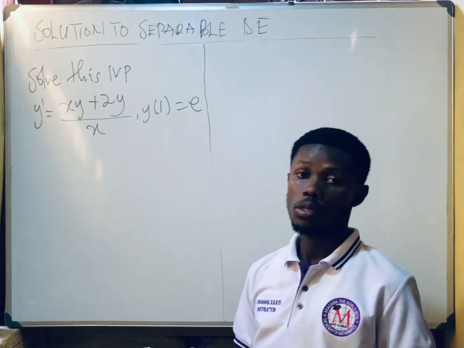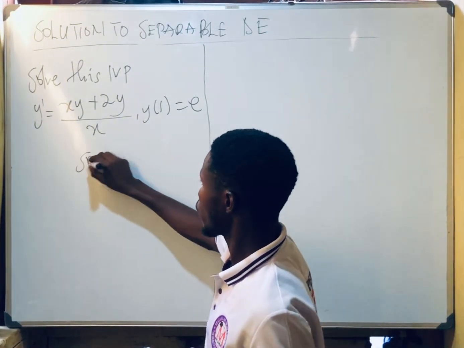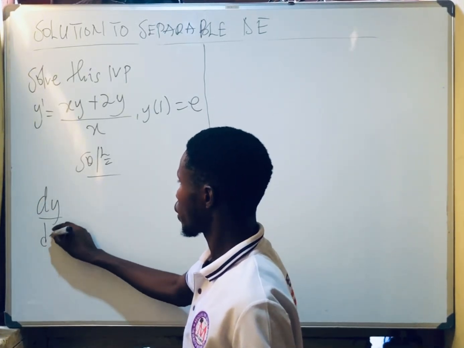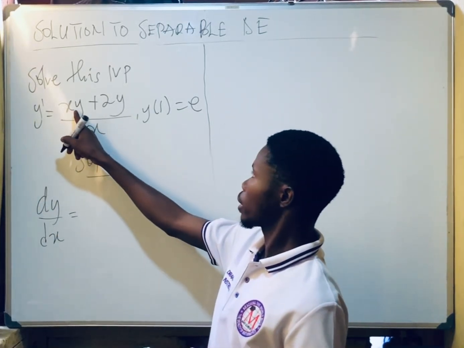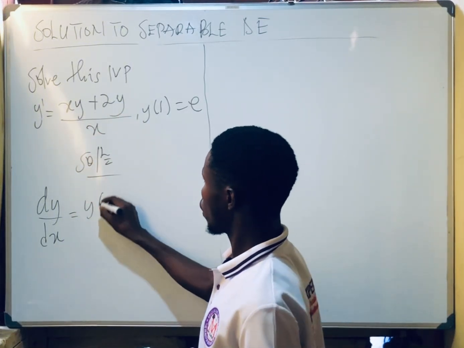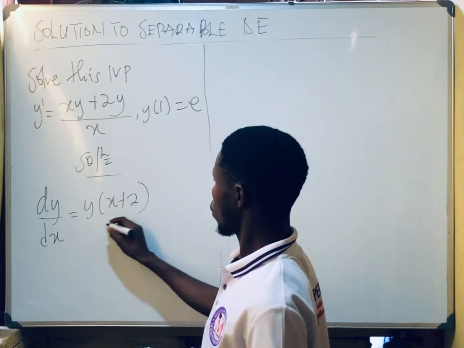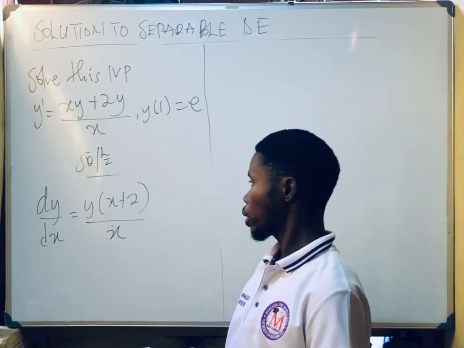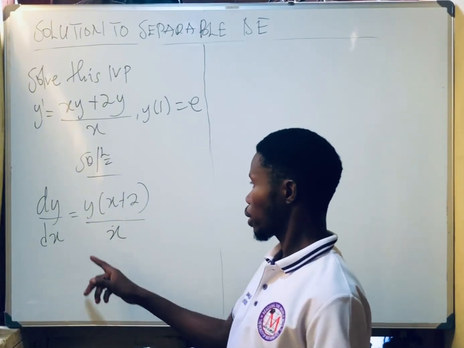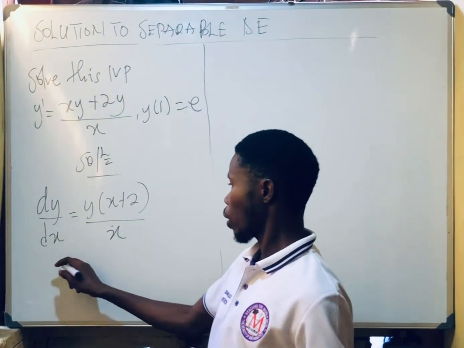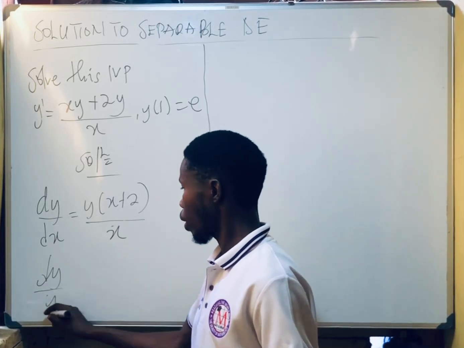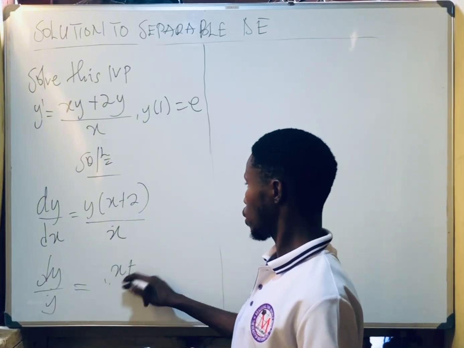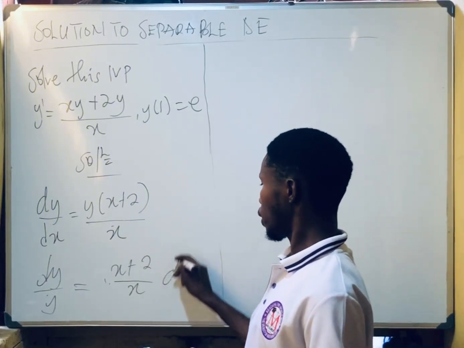So first thing, you have to be able to separate it. y prime can also be written as dy/dx equals, you see this is y, so I can bring it out, leaving (x + 2)/x. Good. Now at this point, I can bring this one here and divide both sides by y, so that I'll have dy/y equals (x + 2)/x dx.